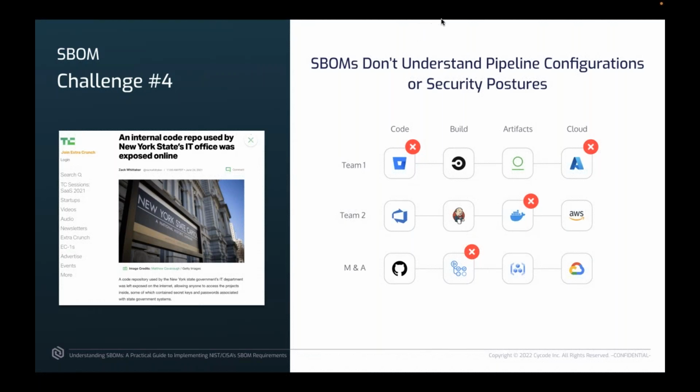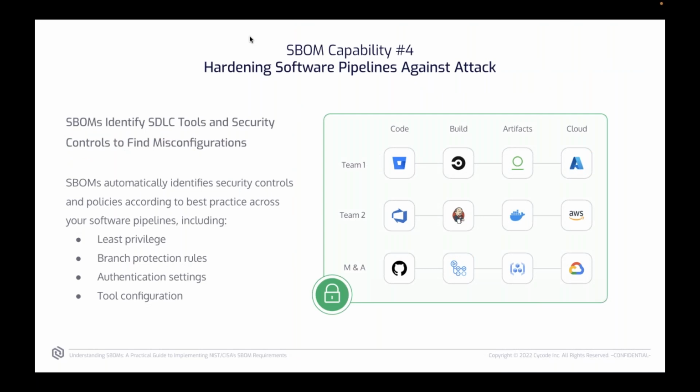I think Nissan was another example where they had a lot of customer data and marketing data exposed because they didn't configure servers appropriately. So the solution to that is to get software that can understand your security posture so that it can harden these pipelines against attack.